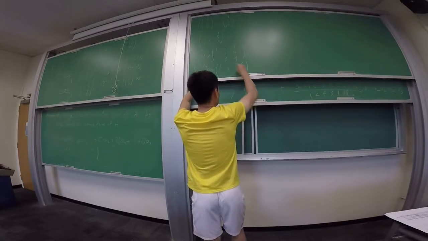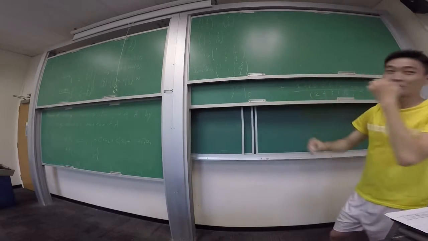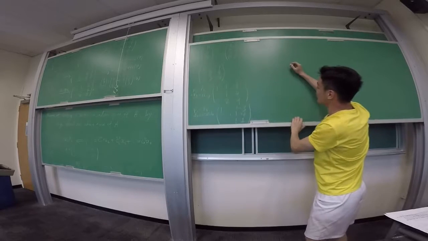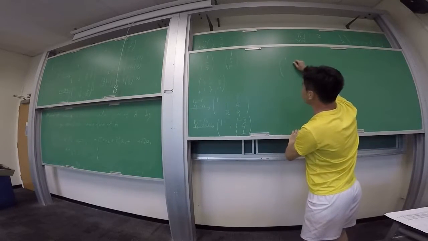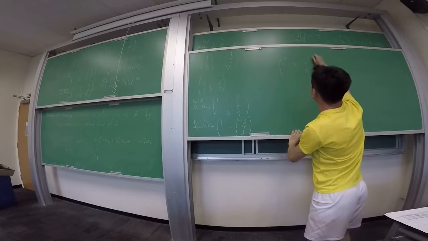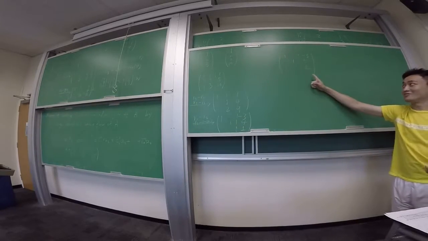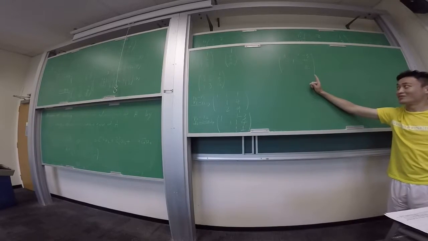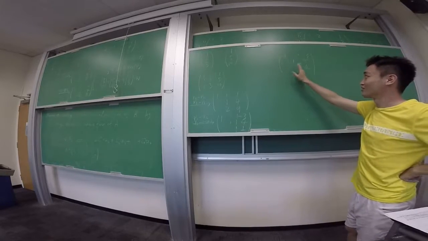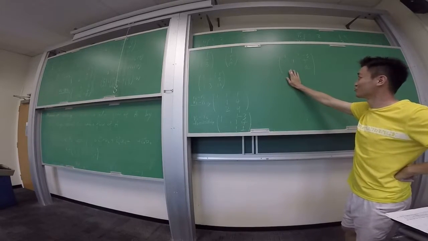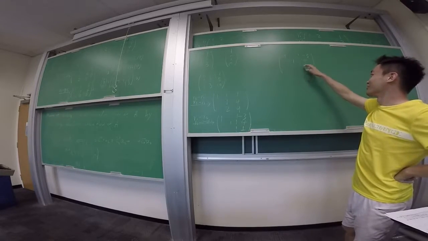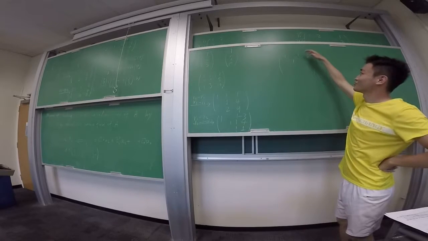Finally, what you get is 1, 0, minus 3, then 0, 1, 4, and this is 0 and this is 1. As you can see, whatever linear combination you do on those two columns, it's impossible to make this column.